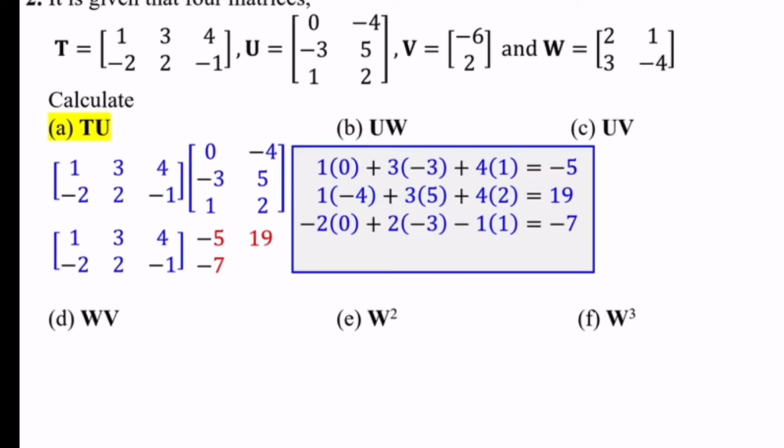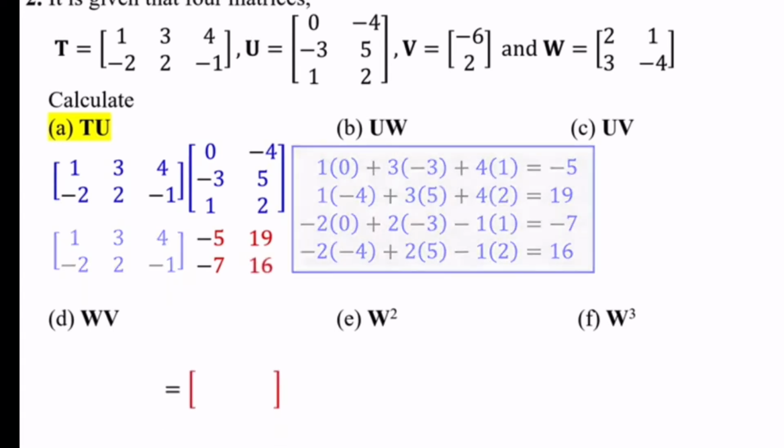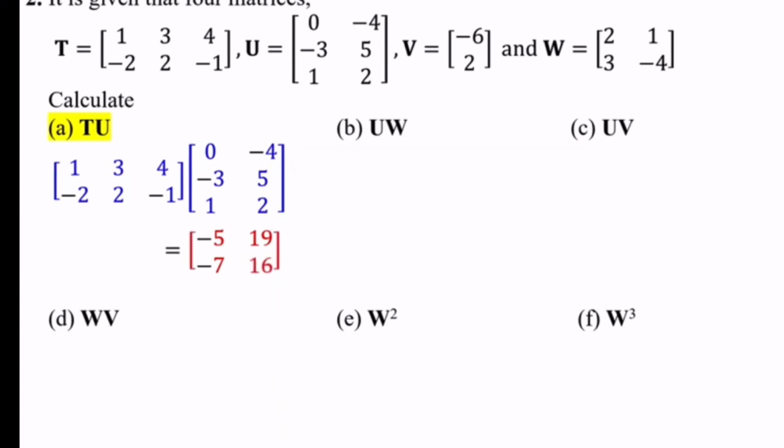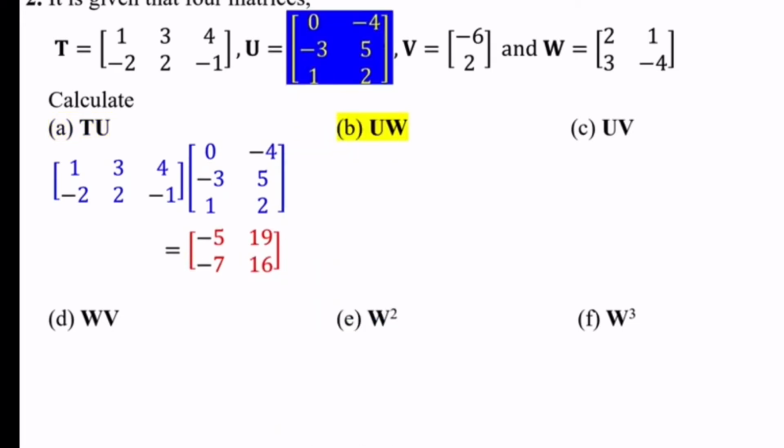So the answer is negative 7. And finally negative 2 times negative 4 plus 2 times 5 plus negative 1 times 2. So the answer is 16. So finally the answer is negative 5, 19, negative 7, and 16. So this is the answer for matrix T times U.